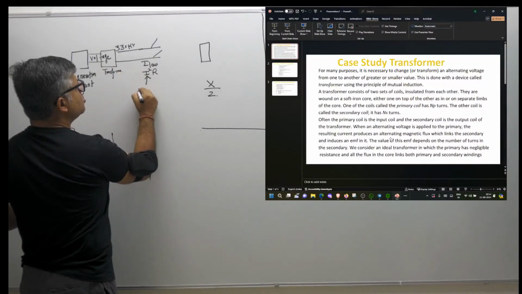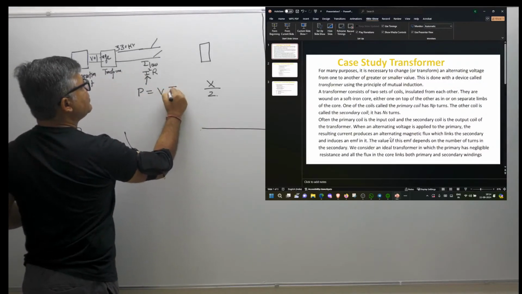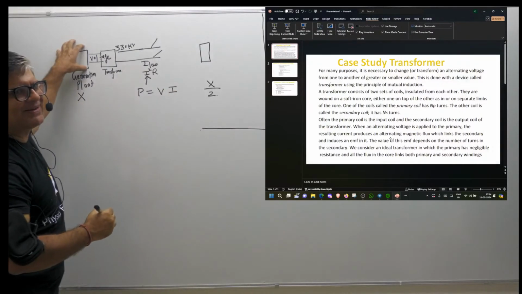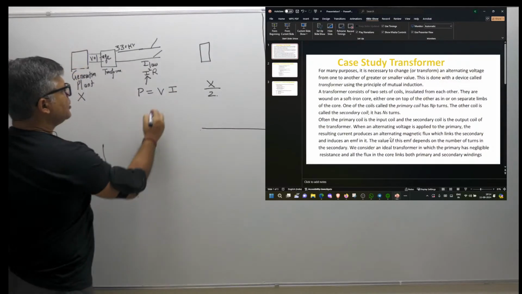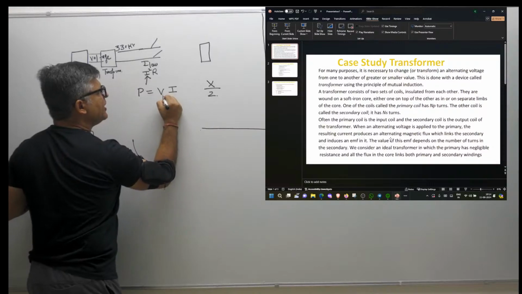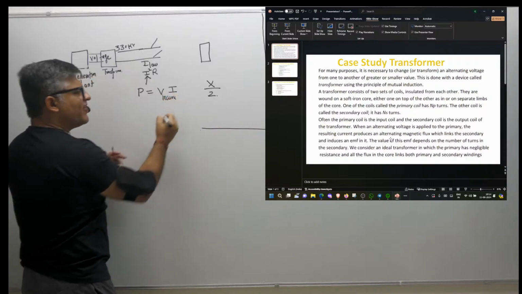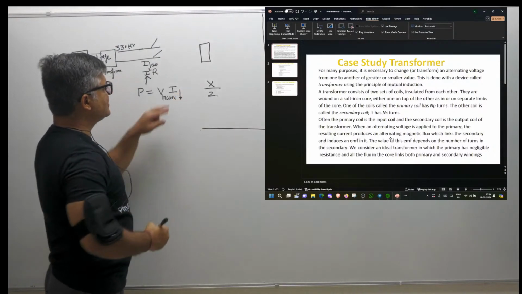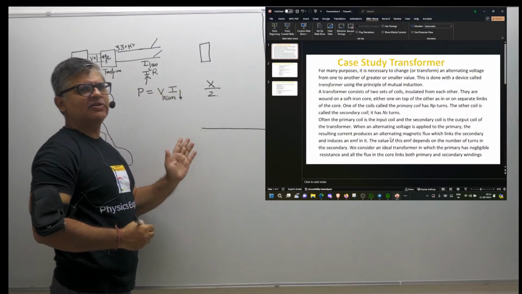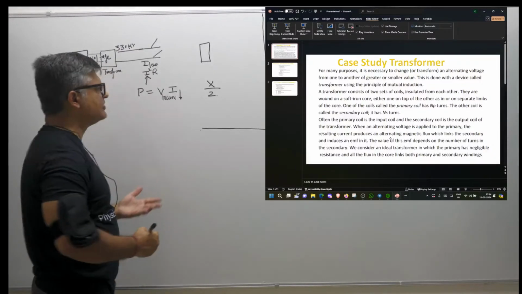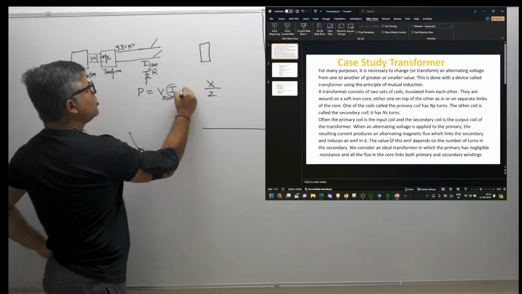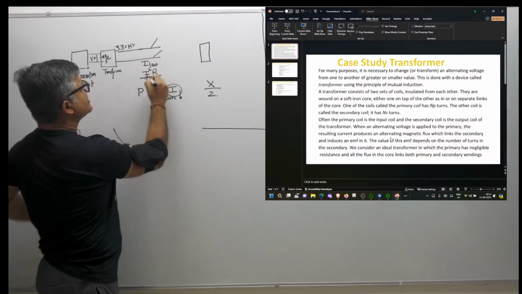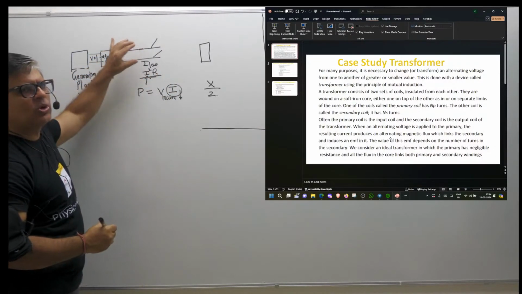Power is V into I, which is generated by the station. You increase V to a very large value, and therefore you decrease I. This goes down drastically. When this goes down drastically, what happens? The I goes down, so the I square R loss in the transmission wire goes down.